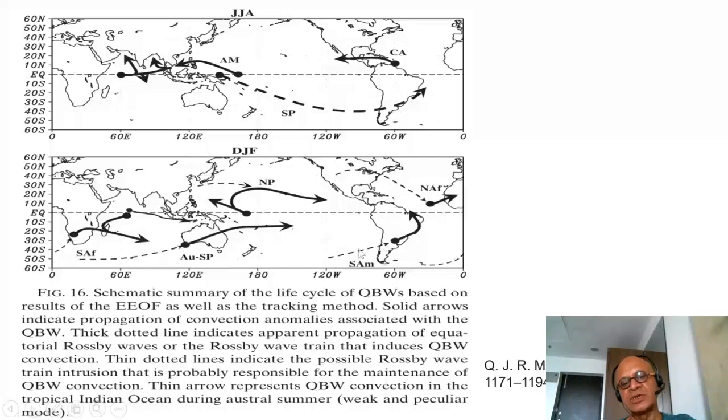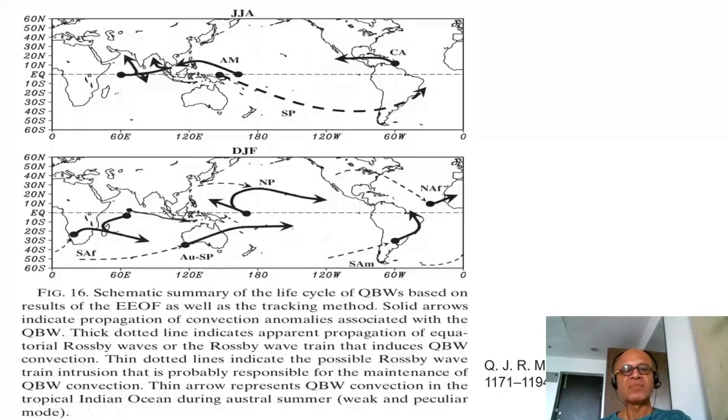So there is the general argument that mid-latitude Rossby waves are involved in the eastward propagating quasi-biweekly modes, whereas the tropically generated unstable Rossby waves are involved in the westward propagating quasi-biweekly modes.